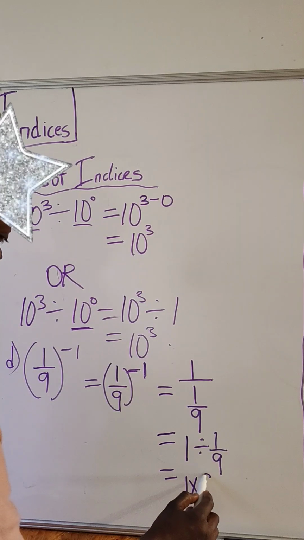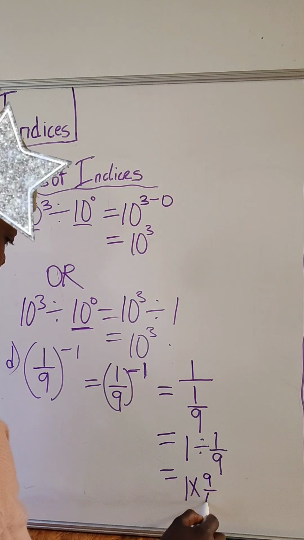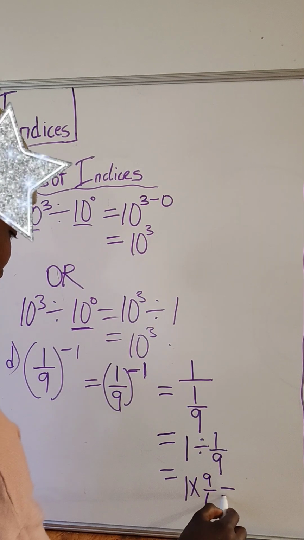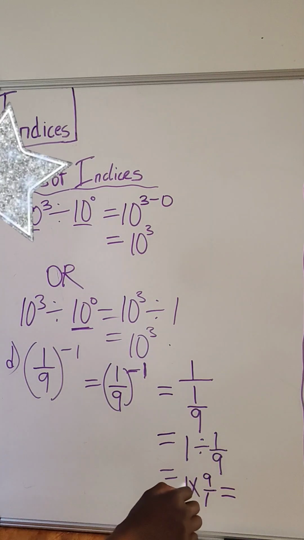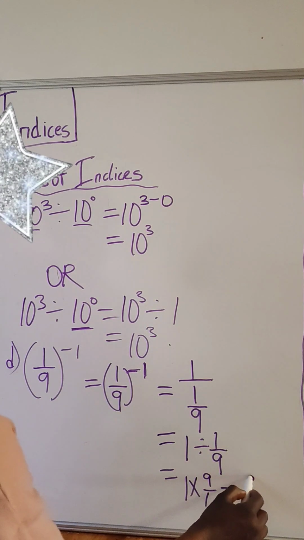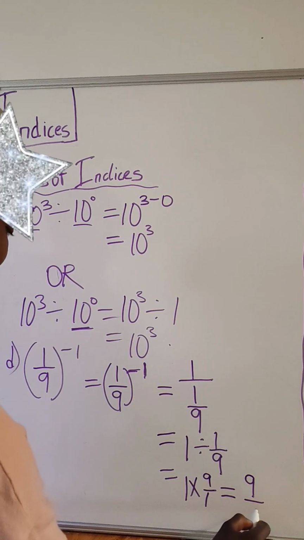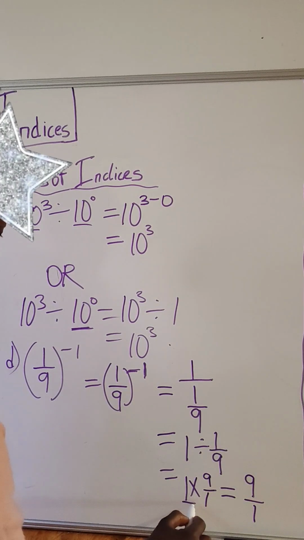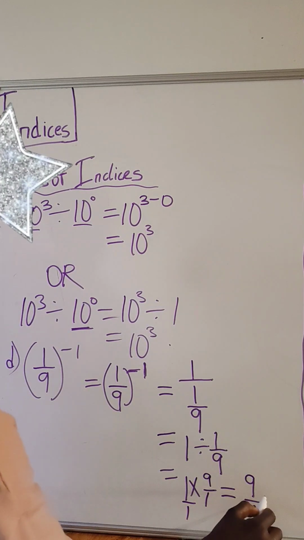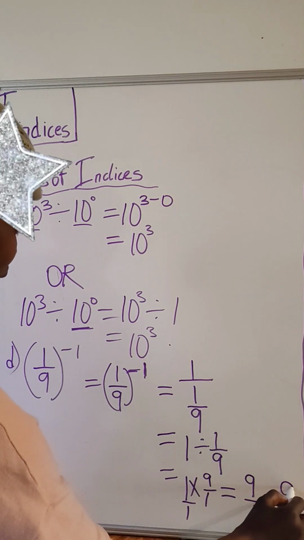So we're going to have 9 divided by 1, which is 1 multiplied by 9 is 9, and 1 by 1 is 1. In other words, the answer now is 9.